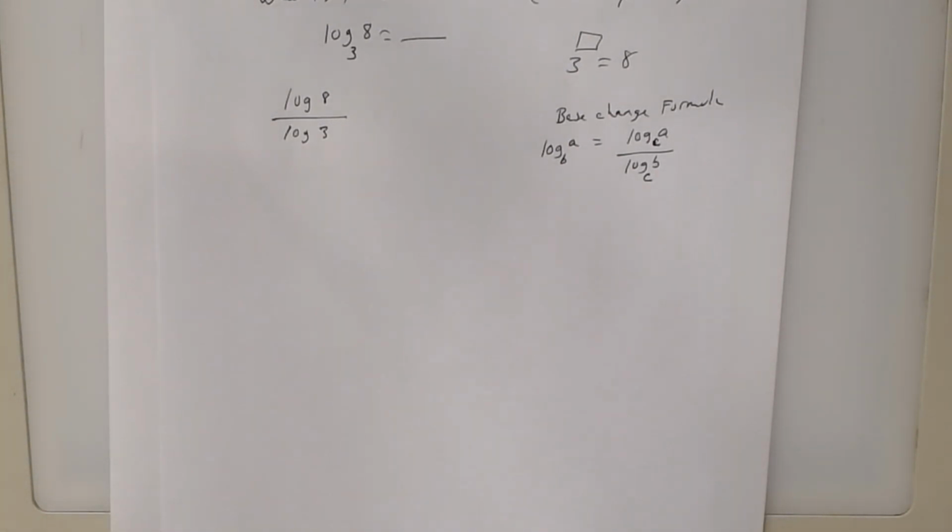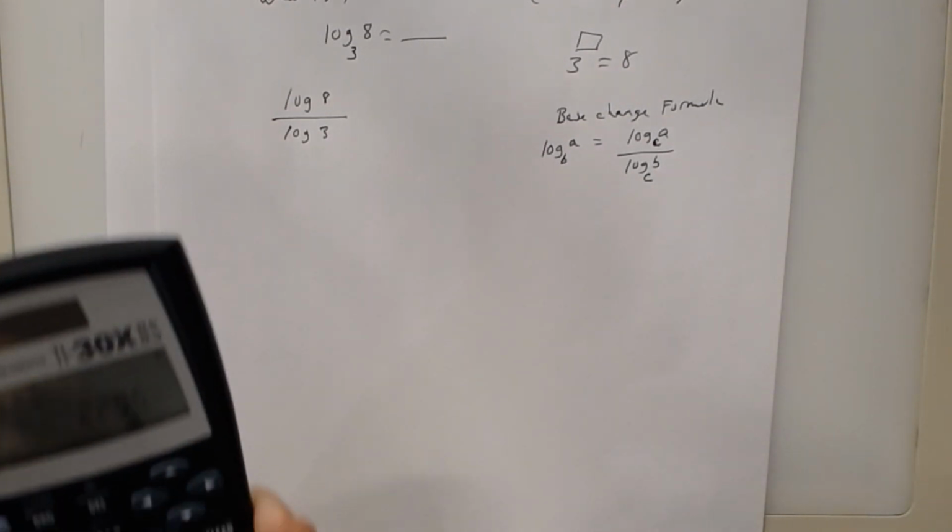What do you get? 1.224? All right, let me just go ahead and do it myself then. Divide the log of 3. Okay, I got that. Now I got 1.892, or 1.893.